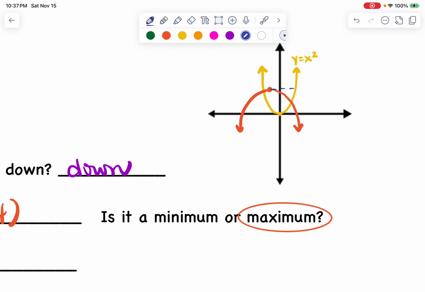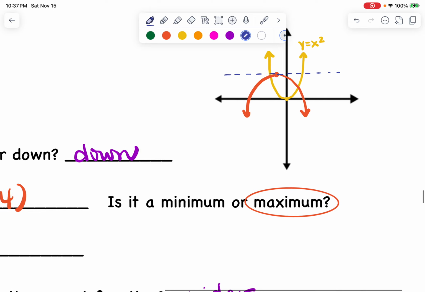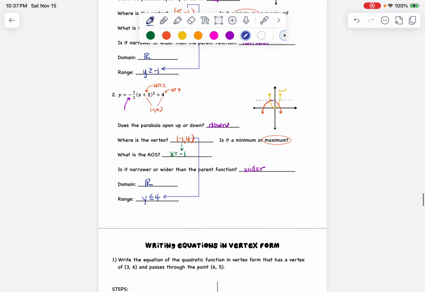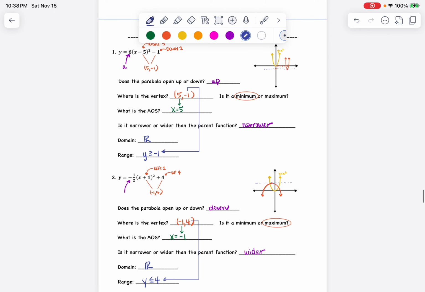Again, that is where my wall is at, and I know that is 4 because that is the y value of my vertex. So all those little tips and tricks we learned in day 1 still apply. Okay. All right, so I'm hoping that makes sense. Being able to use vertex form to identify all those defining characteristics.